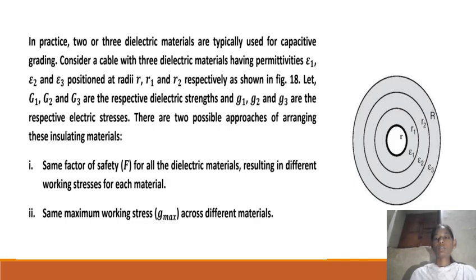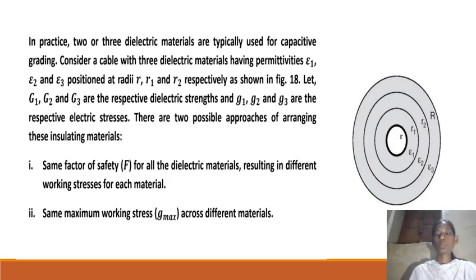Consider a cable with three dielectric materials having permittivities E1, E2 and E3, positioned at radii R, R1 and R2 respectively. G1, G2 and G3 are the respective dielectric strengths, and g1, g2 and g3 are the respective electric stresses.